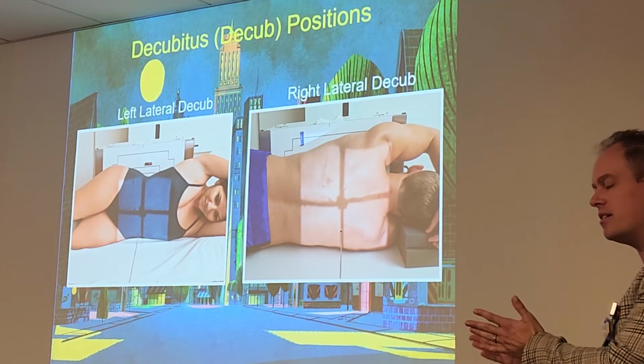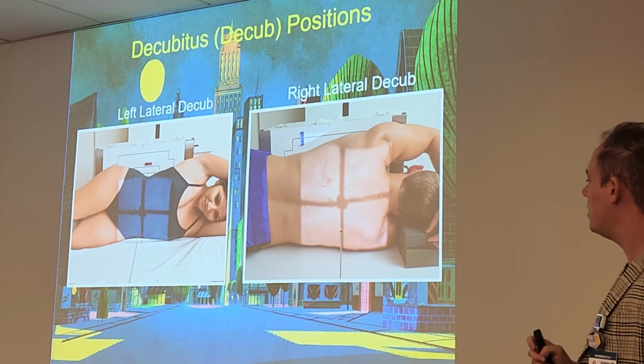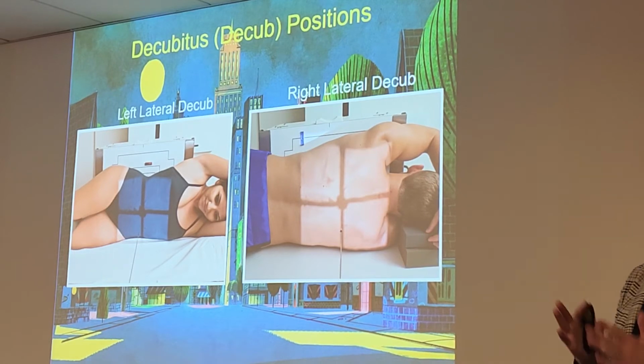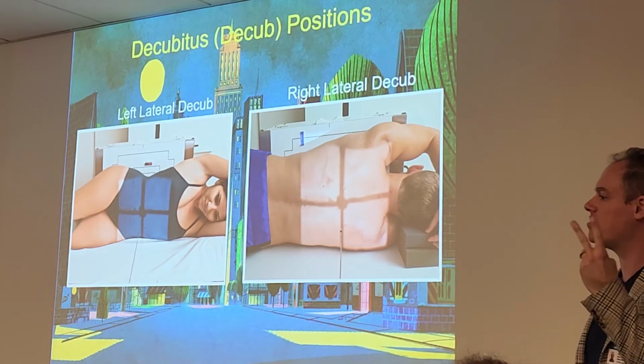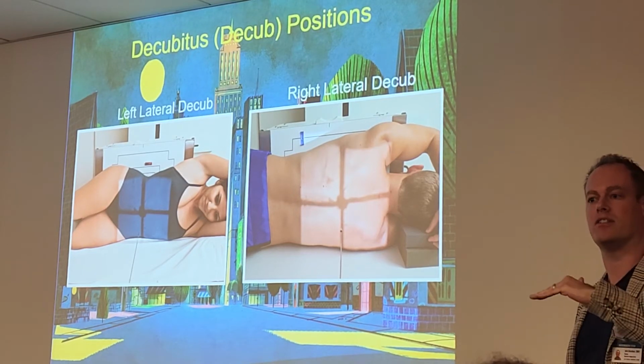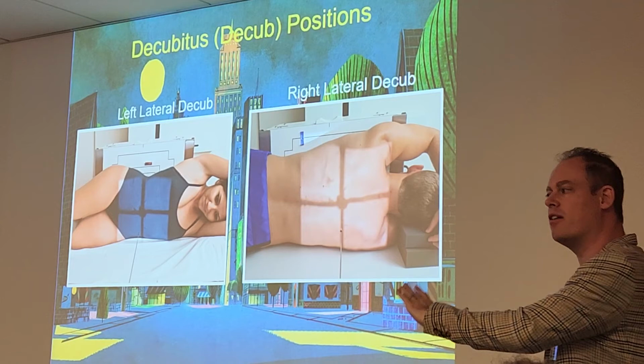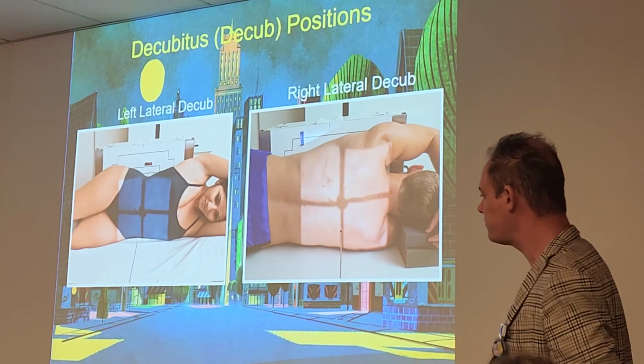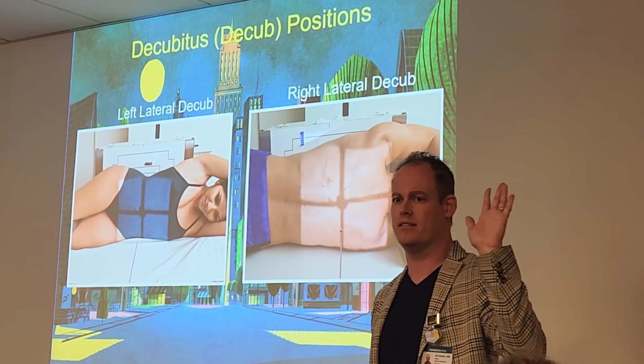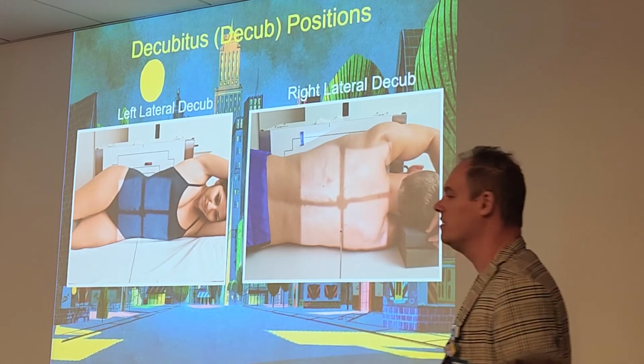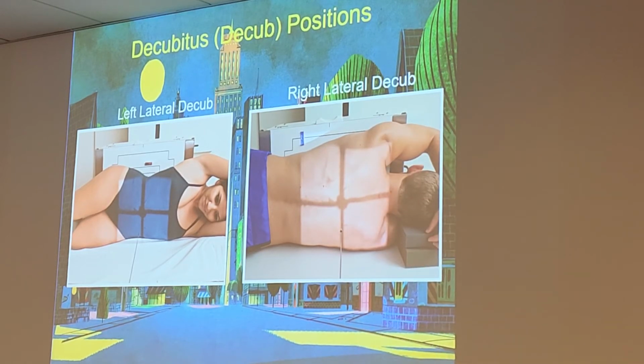On the right, it'd be a right lateral decubitus because the patient's right side is on the table. And we're going to talk about two more based on whether the back or the belly is on the table. These are our laterals, left lateral and right lateral decubitus. Some of y'all did this in lab yesterday? Yes. Good. So, just to confirm, the body part touching the table is what's named for, right?